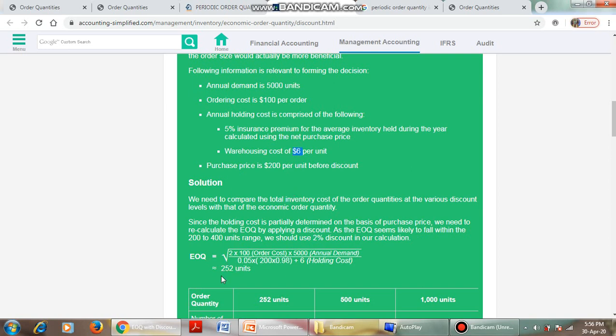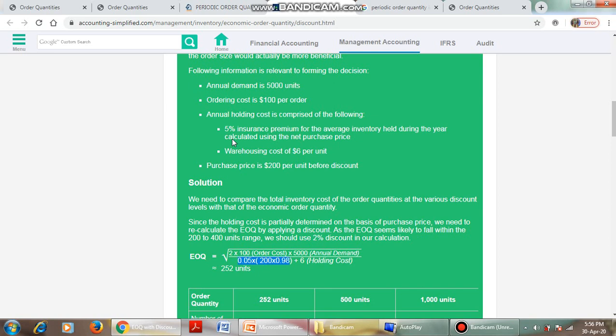Okay, so the EOQ is 252. I think you understand. The formula is 2 into ordering cost into annual demand, divided by holding cost. The holding cost is 6, given here: warehouse holding cost is 6, and this is the carrying cost.